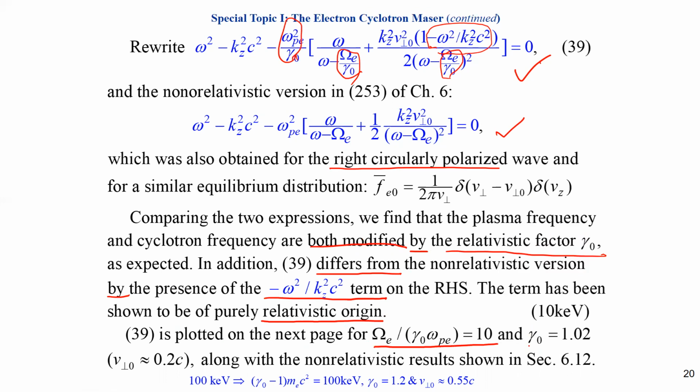And gamma 0 equals 1.01, 10 keV, 能量很低。And V perpendicular just 0.2 c, the speed of light.